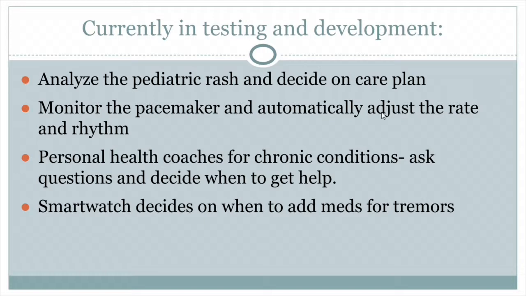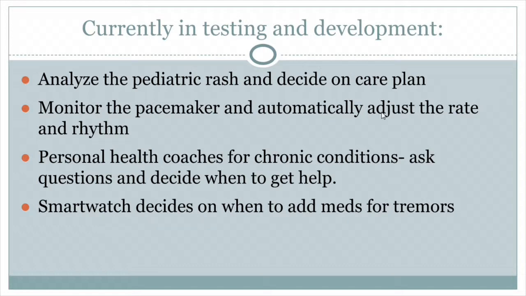Currently in testing and development and anticipated to be available this year is a device to analyze that pediatric rash using your phone camera and actually decide upon a care plan, tell you whether to go to the ER or stay home. Something to monitor the pacemaker and adjust the rate and rhythm as opposed to just report on it.